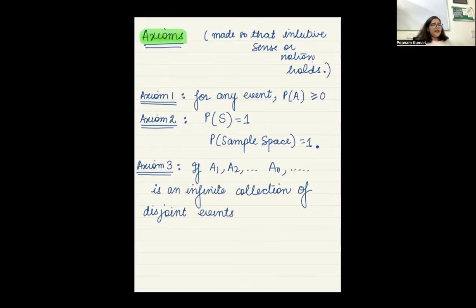What does that mean? That I have events A1, A2, A3, A4, up to AN, N plus 1, and so on. It keeps going on. This is an infinite collection of disjoint events.